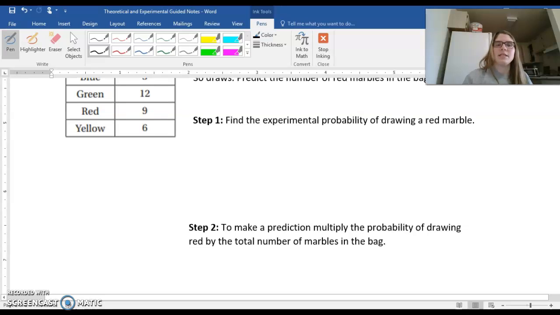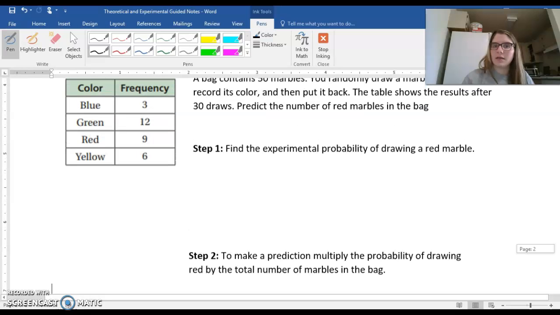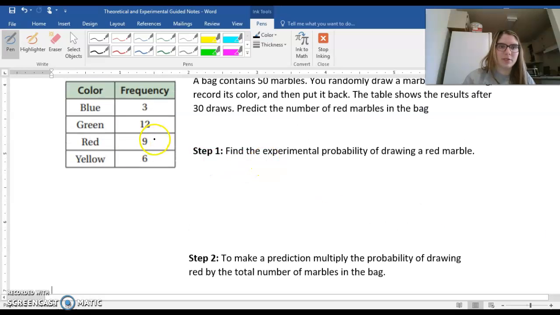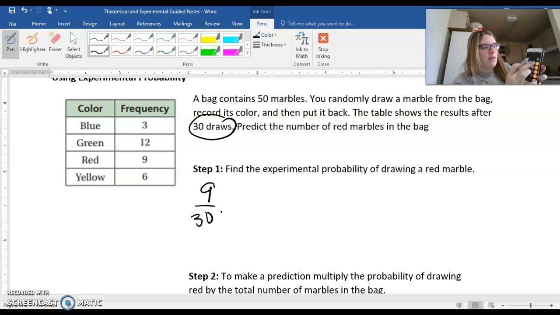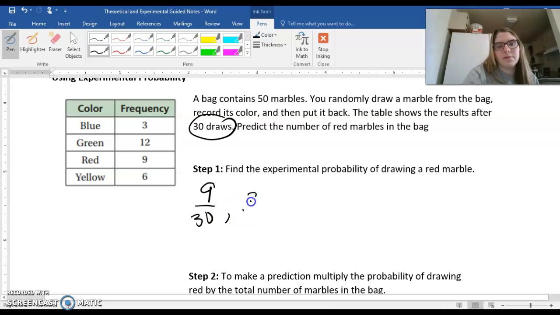Okay, the experimental probability of a red marble: it occurred 9 times out of 30 draws, so 9 out of 30. If I divide that, 9 divided by 30 gives me 0.3, or 30%.